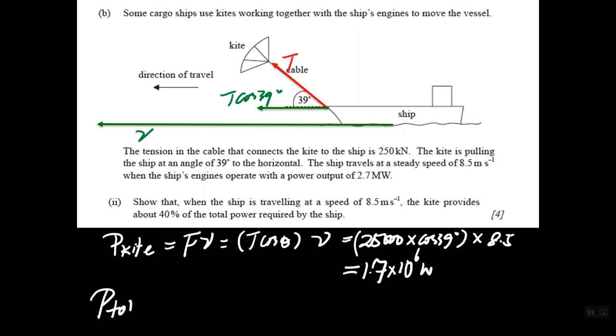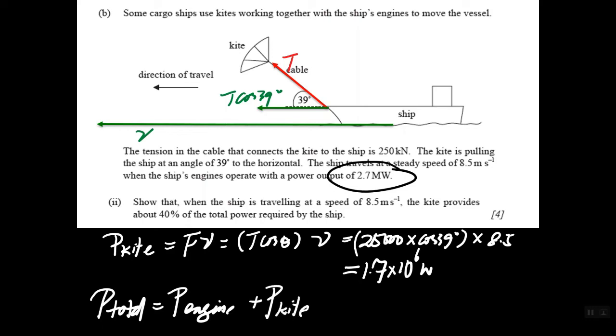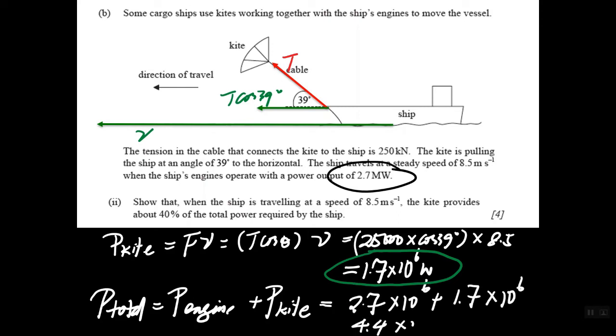So the total power equals the power of the engine, which is 2.7 megawatt, plus the power of the kite. So the total power equals 2.7 plus 1.7 times 10 to 6. That is 4.4 times 10 to 6 watt. The question is asking the fraction of the kite's power.